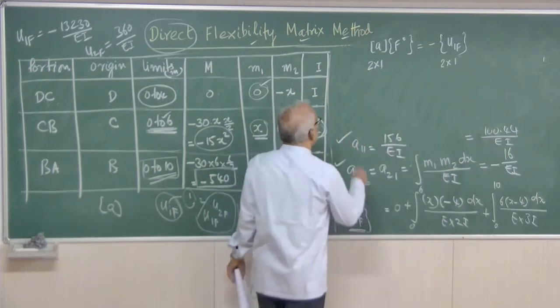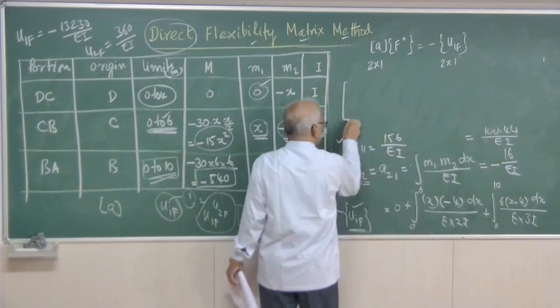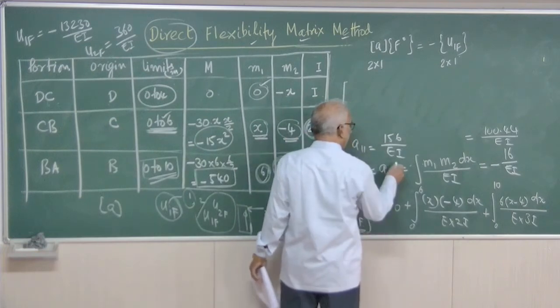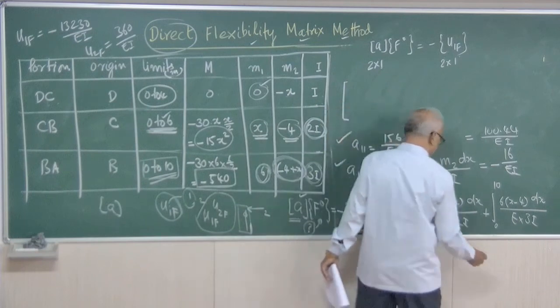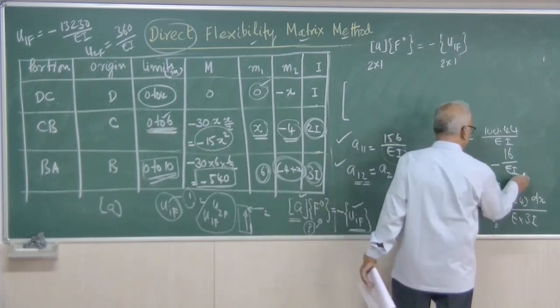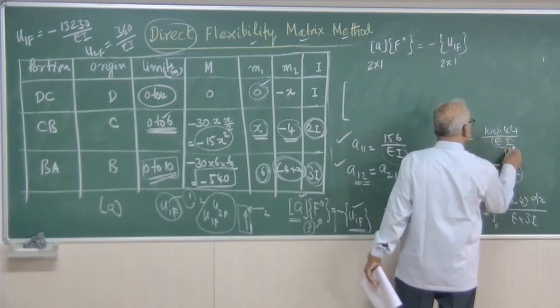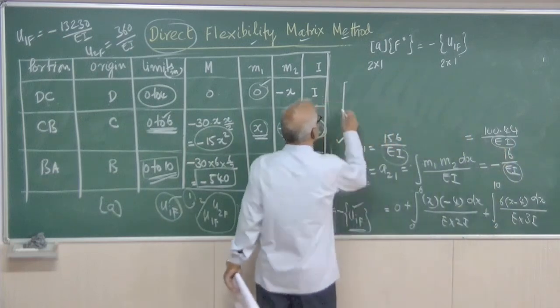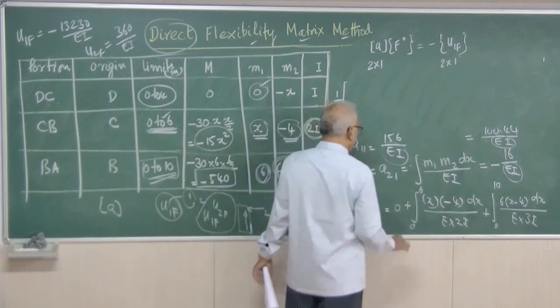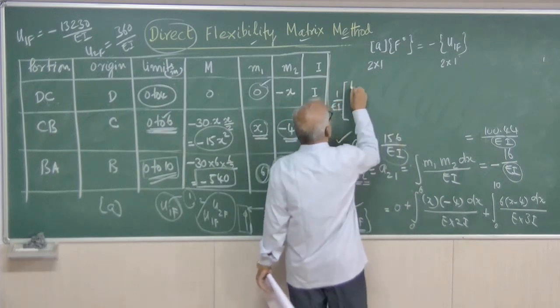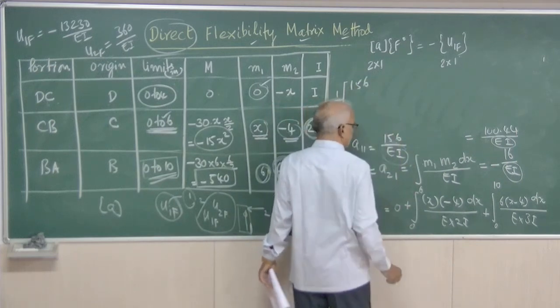Now the values are: we can take 1 by EI outside. In all cases, we have EI. A11 equal to 156.